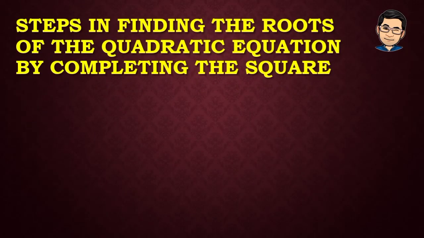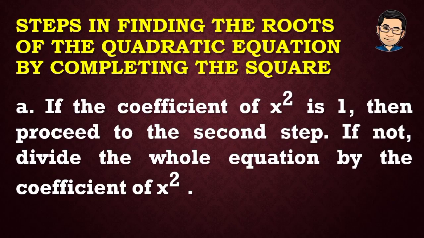Here are the steps in finding the roots of a quadratic equation by completing the square. I will present the steps first, then I will give an example. The first step: if the coefficient of x squared is 1, then proceed to the second step. If not, divide the whole equation by the coefficient of x squared.